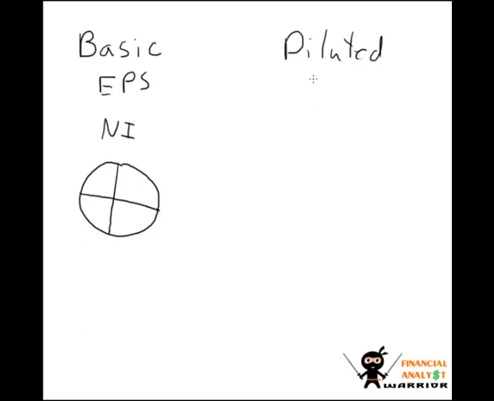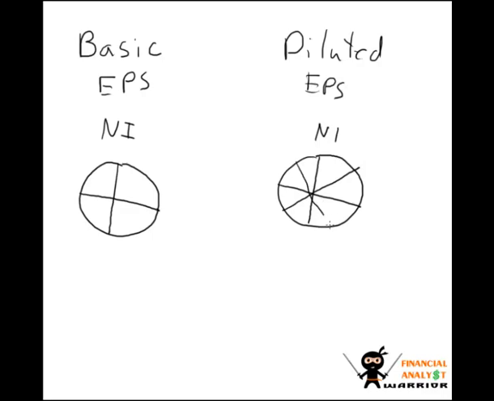Now, for diluted EPS, it's the same company, therefore it has the same amount of net income. However, it gets divided into more shareholders. So each shareholder gets a smaller piece of the pie, which obviously is not good for the existing shareholders. That's why investors want to know about diluted EPS as well as basic EPS.